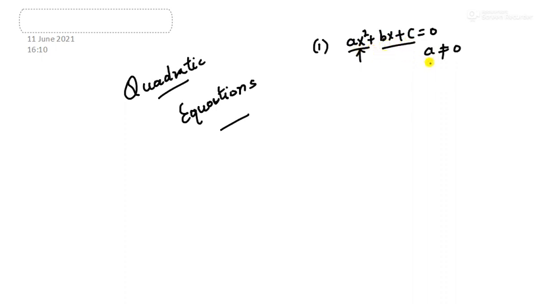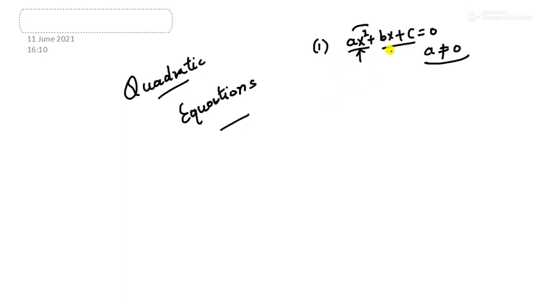So you have to keep this in mind: a should not be equal to 0. b can be 0, that is not an issue, but the degree of the equation should be 2. The power should be 2. Only then we call it a quadratic equation. This is the first thing you have to remember.